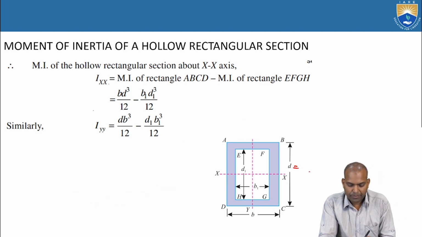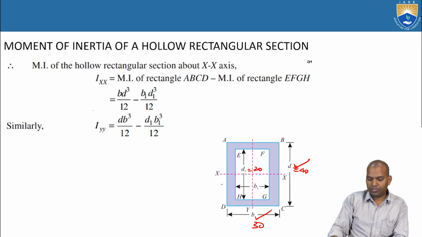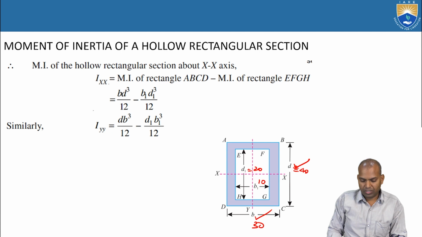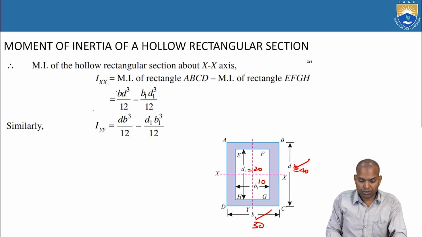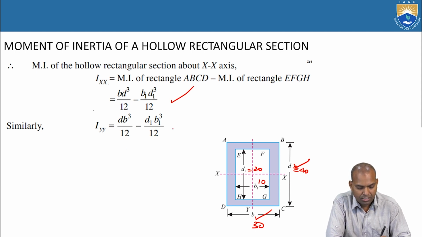If we know the D value and the B value, D is 40 millimeters, B is 30, and for the inner one D1 is 20 and breadth B1 is 10. Then what will happen? We substitute here for Ixx the B, D and B1, D1 values. You can directly obtain the moment of inertia about the x-axis and y-axis.